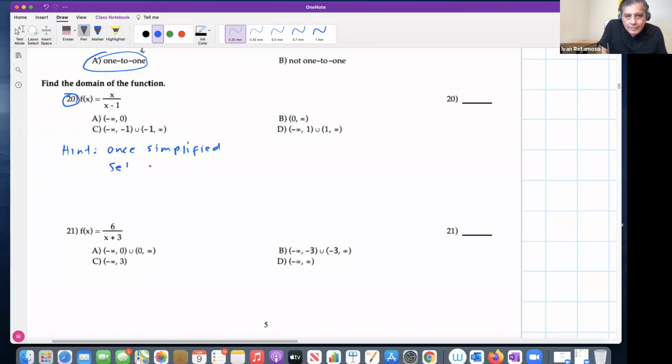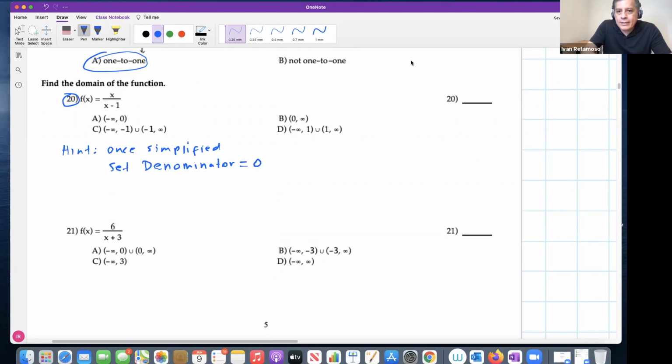Set denominator equal to 0, right? To investigate for which values of x this function cannot be computed, right? And these values, you have to take them away from the set of real numbers. Julie, very good, excellent, Julie.